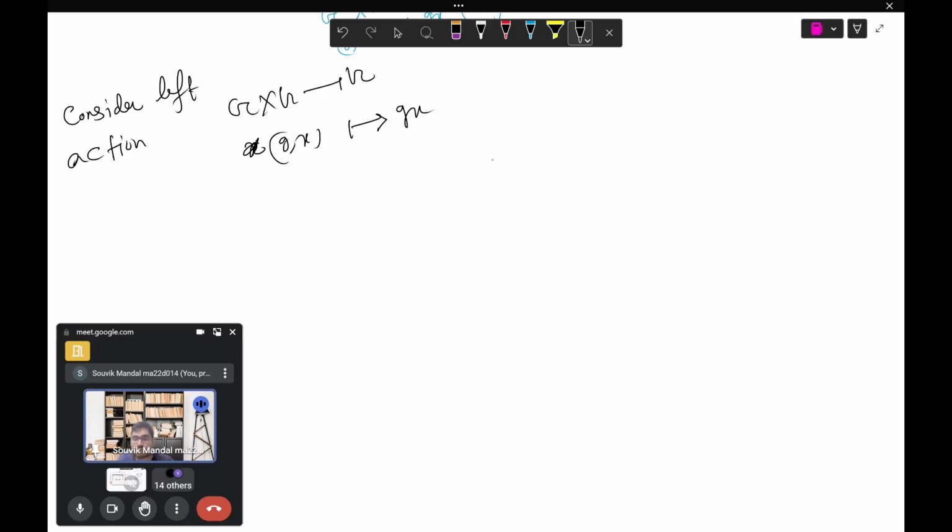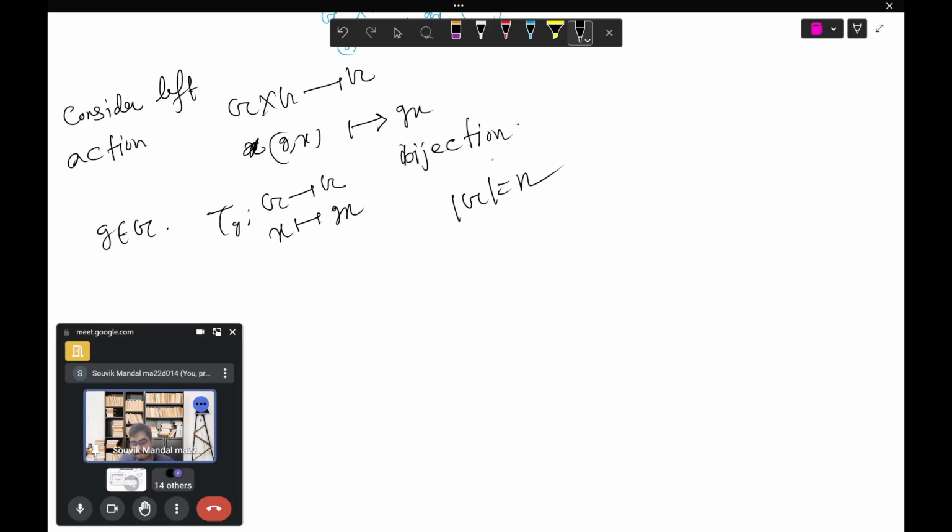Then we know that for each g belonging to G, the map tau g from G to G, x goes to gx, is a bijection, right? And also we know that the order of G is equal to n.